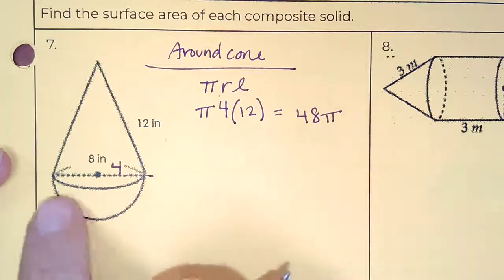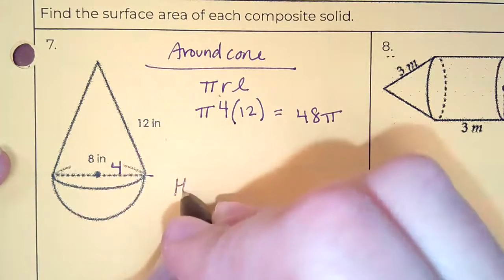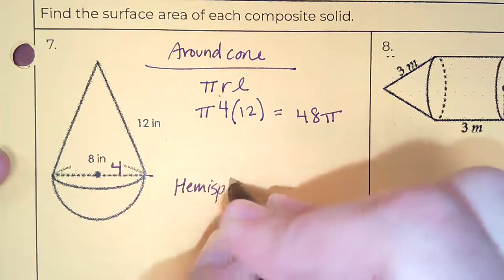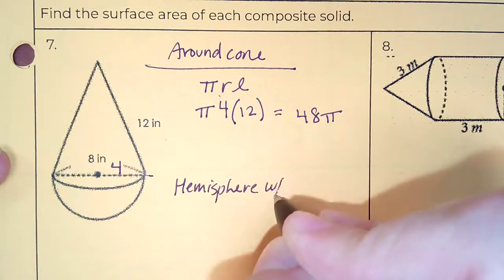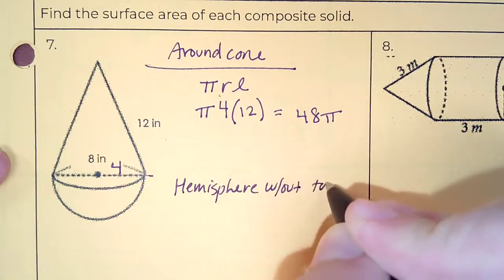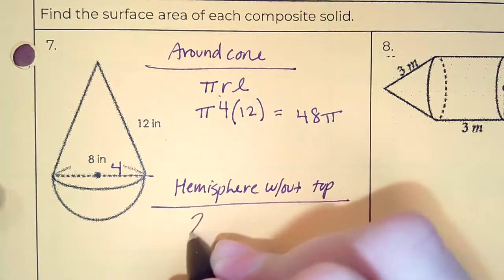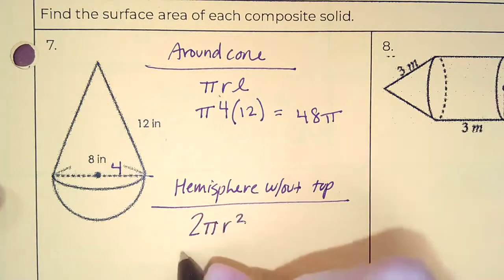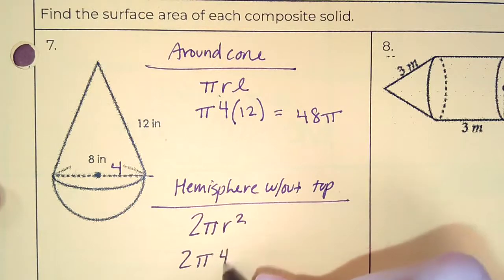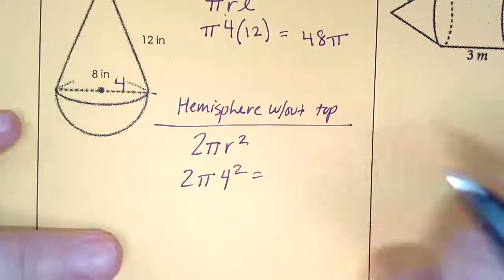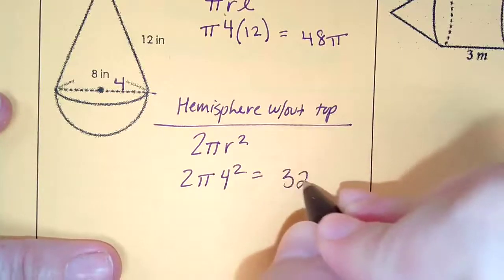Now for the hemisphere here, it's actually the hemisphere without the top. So instead of 3 pi r squared, I can make it 2 pi r squared. So 2 times pi times 4 squared. 16 times 2 is 32 pi.